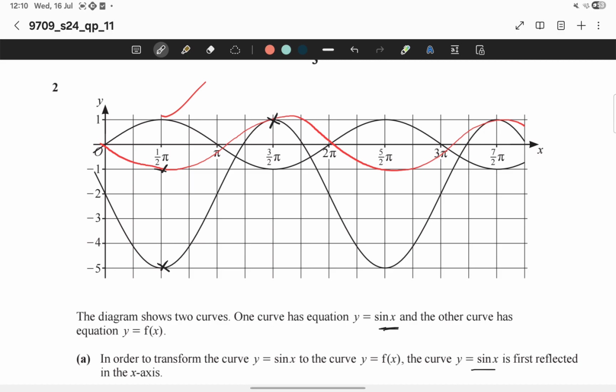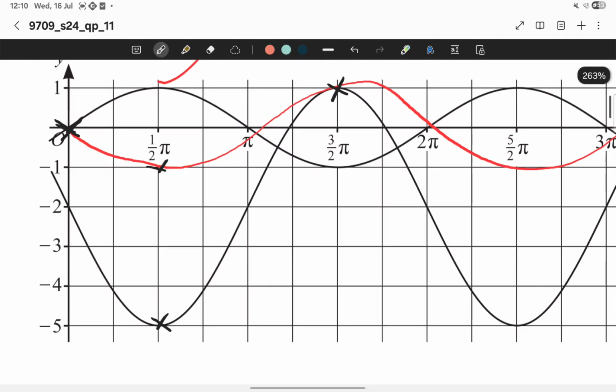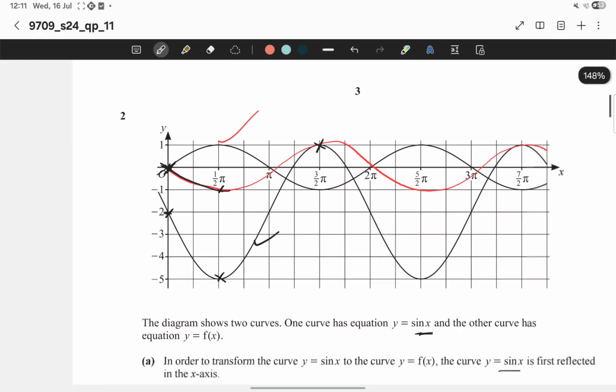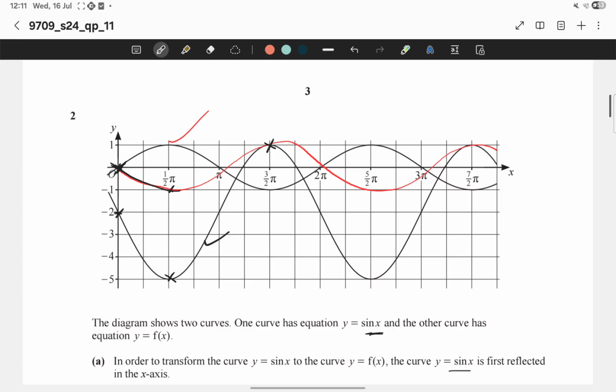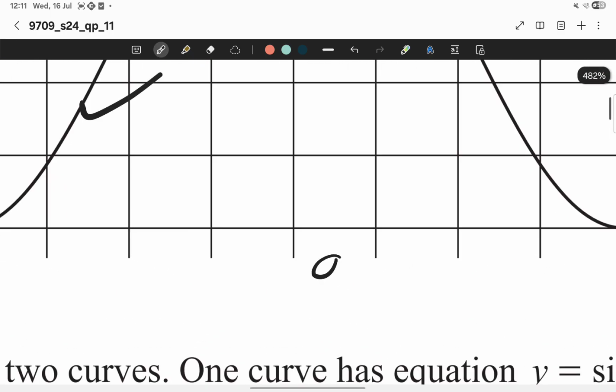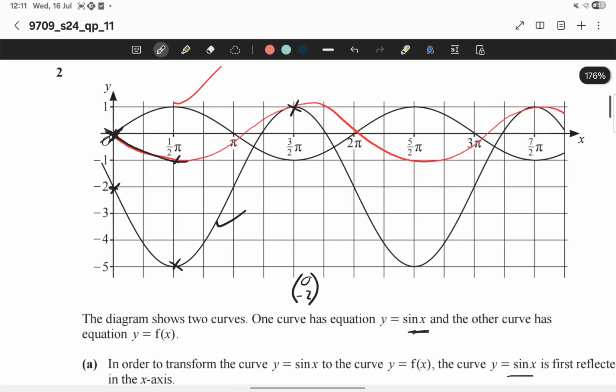And we're also going to consider this point, the origin. The red graph starts at the origin, and y equals f of x starts at -2. And that tells me that there was a vertical translation by vector (0, -2), right? Because it went down by 2, right?